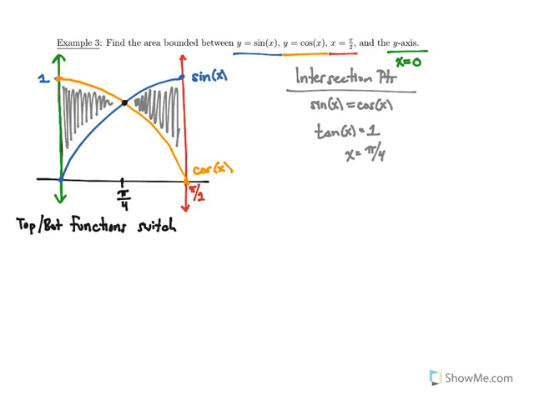So there are two areas to consider. The first area is going to be this one right here, from 0 to pi over 4. So from 0 to pi over 4, we can draw a little rectangle there.